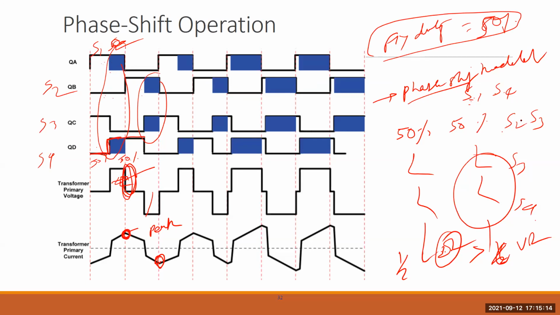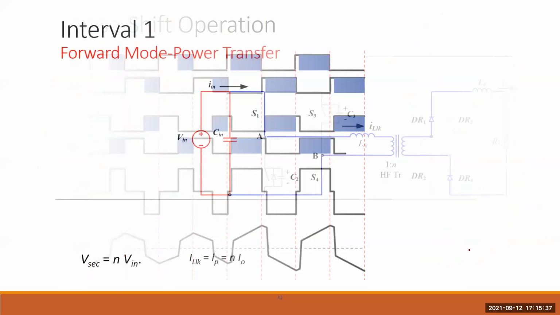Earlier S4 was the same, but now S4 is phase shifted. Earlier S1, S2 and S3 were the same, but S3 is phase shifted with respect to S2. You maintain the peak current high, and basically you are able to discharge the capacitors of the devices, and you are again able to get the soft switching.